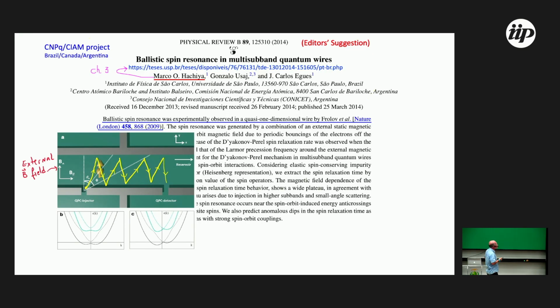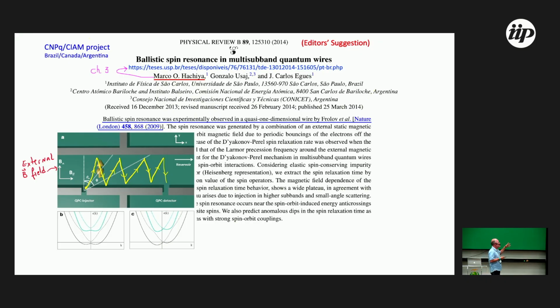At that time, he was a postdoc with Joshua Folk at UBC, and they were looking at wires where you spin inject via a QPC, and the simple picture is that the electrons would just bounce back and forth here, and of course you have an external field applied in plane, and this bouncing would generate what they called ballistic spin resonance in this nice Nature paper here.